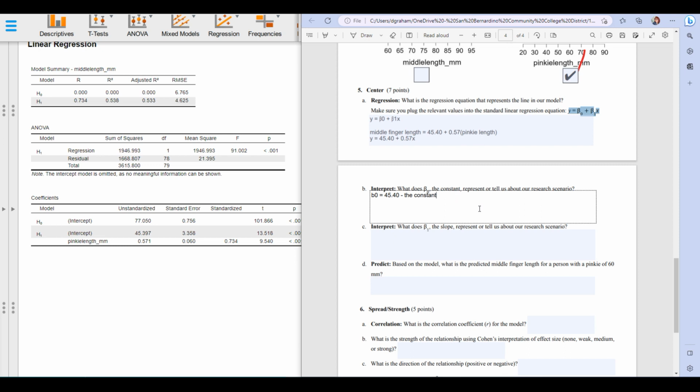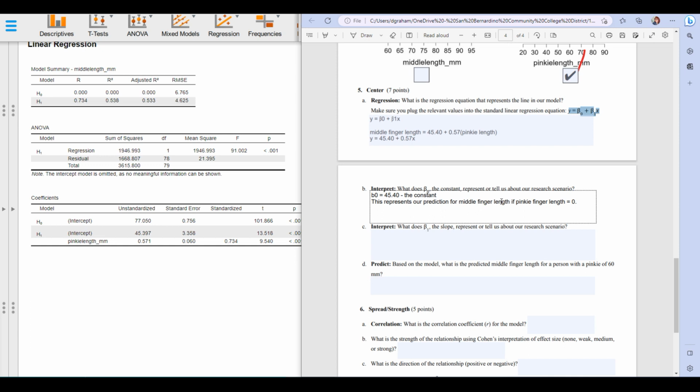What does the constant mean for us? What does it tell us? Well, the constant represents our prediction if we plug in a 0 for our X, for our independent variable. So this represents our prediction for middle finger length if pinky finger length equals 0.